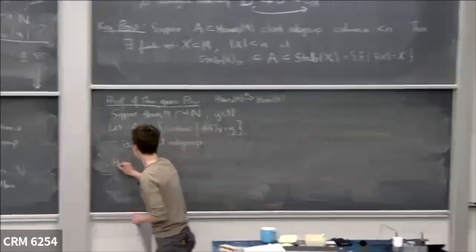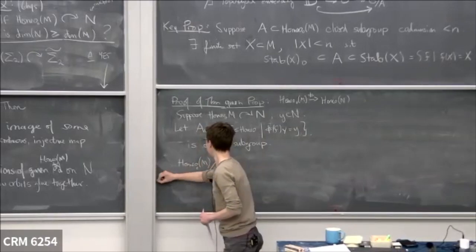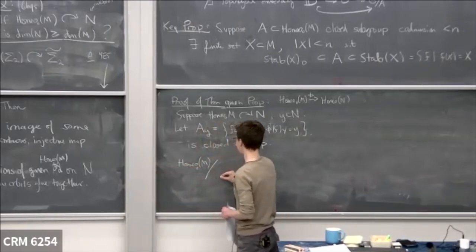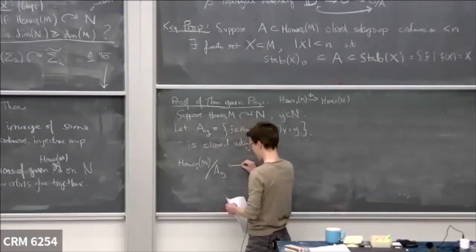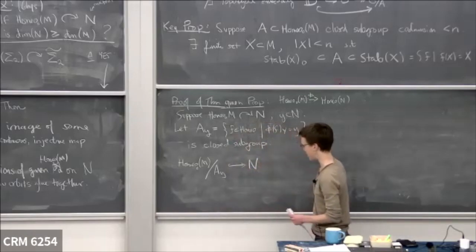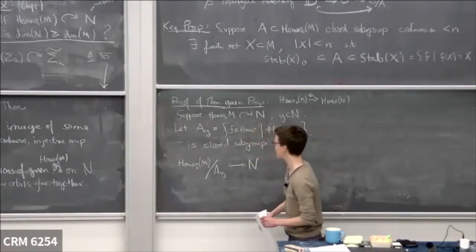If I look at the quotient, or just the cosets of this, this maps nicely into the manifold, and it gives me the orbit.